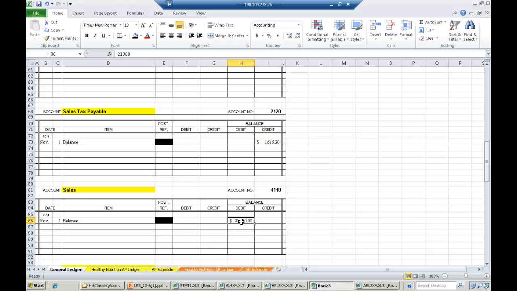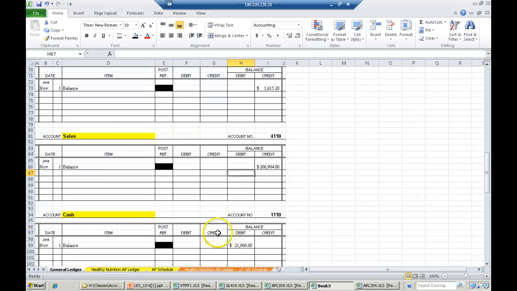Sales account carries a normal credit balance. So again, this is $206,904, even. Everything fits. Next account in our general ledger is purchases.